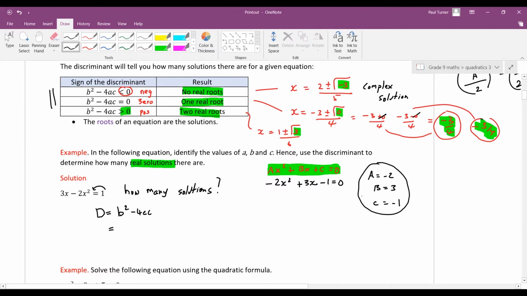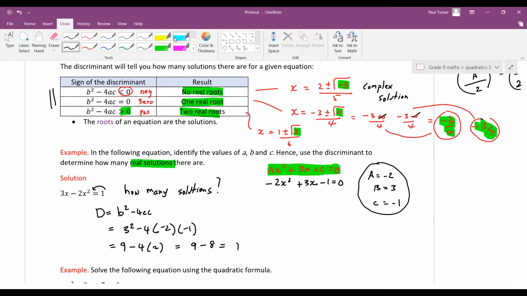So B squared is 3 squared, minus 4 times A, which is minus 2, times C, which is minus 1. So you have 9 minus 4 times minus 2 times minus 1, which is 2. 9 minus 4 2s, which is 8, gives 1.